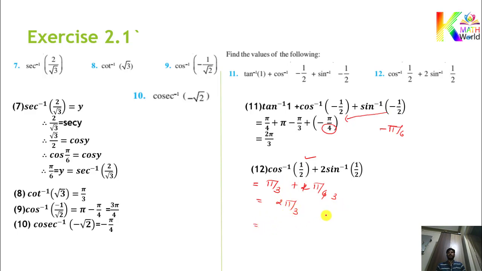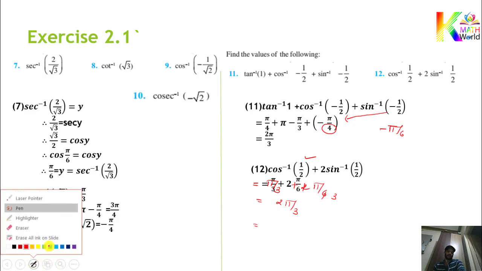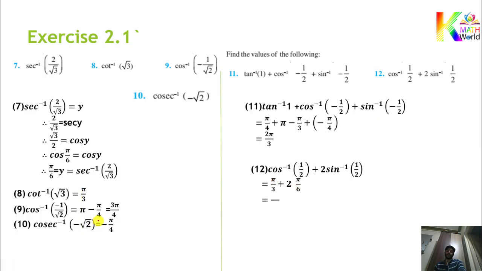Okay, so that will be your answer. Okay, whatever we discussed, that you will see in the next tips. Okay, now see the next slide.